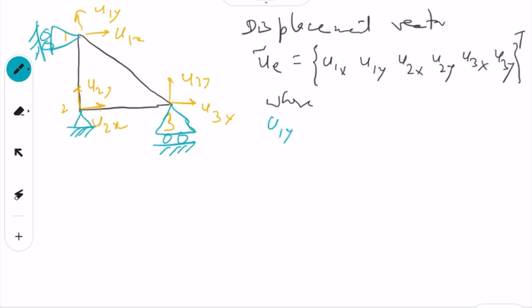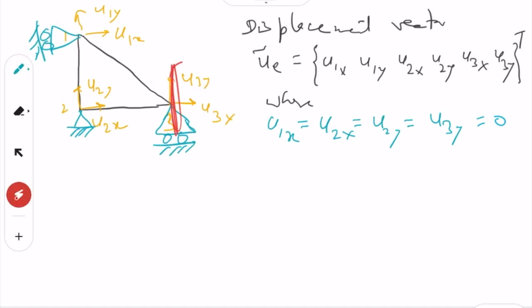Yeah. So, we can say U1x equal to U2x equal to U2y equal to U3y is equal to 0. So, all equal to 0, right. This cannot move this way, 0, cannot move this way.